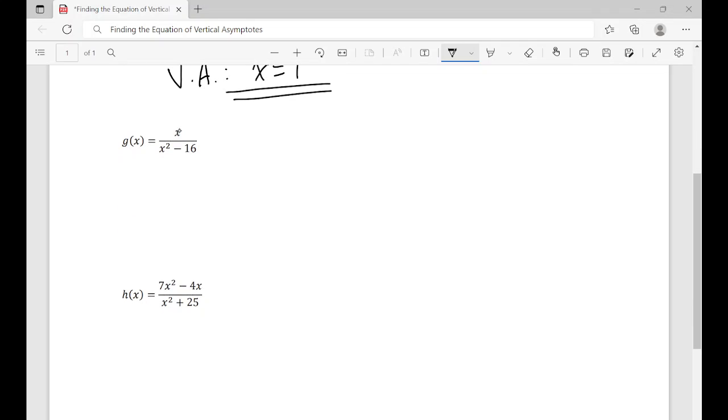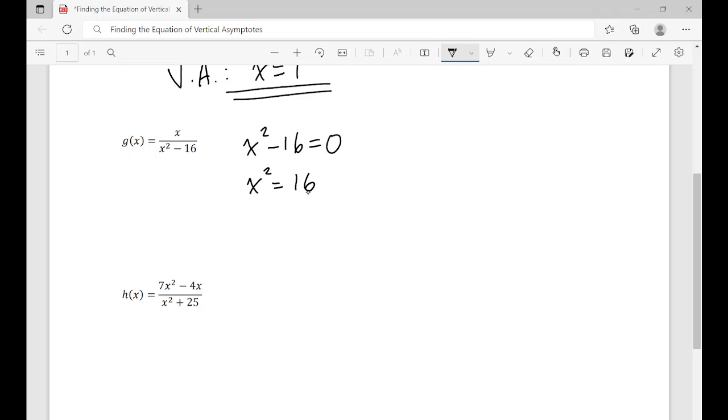Next, g of x equals x over x squared minus 16. Again, it is in simplified form. No way I can reduce it down. So I'm just going to take the denominator, x squared minus 16, and set it equal to 0. Now I'm going to solve. I'm going to add the 16 over, so x squared equals 16.